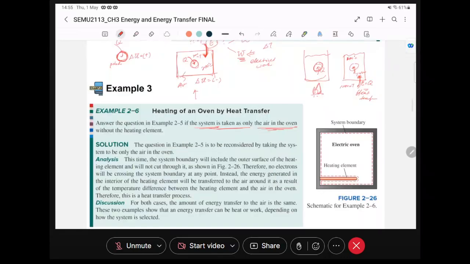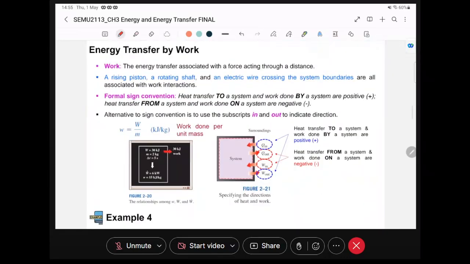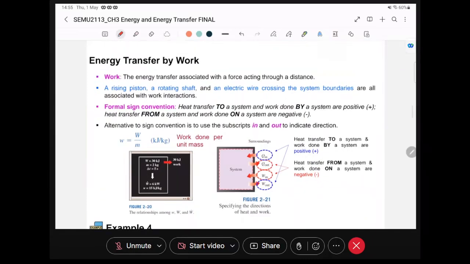Okay. So then let's look at work. Okay. So work, electrical work, we can't see something moving because what's moving is at the molecular level. But with most of the other works, we can see things moving, like for instance a rising piston, pistons moving, a rotating shaft.